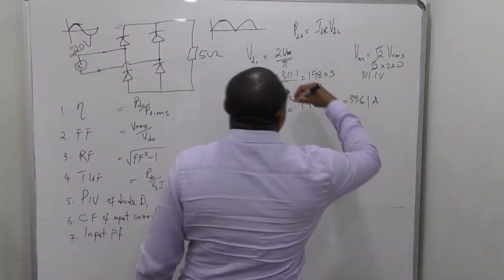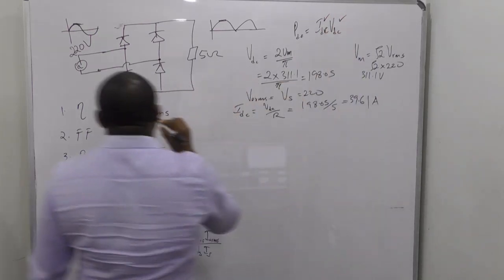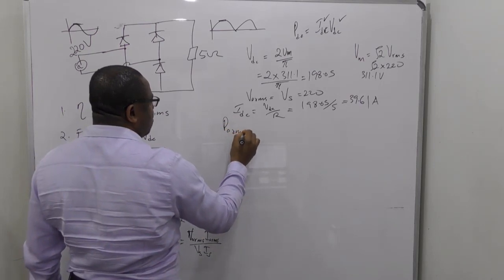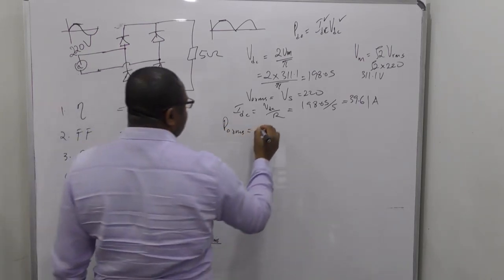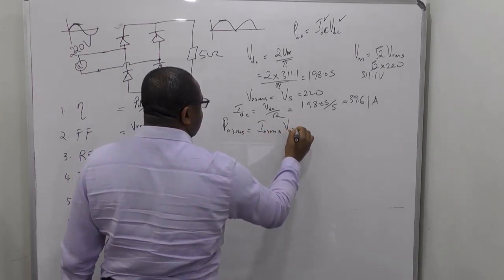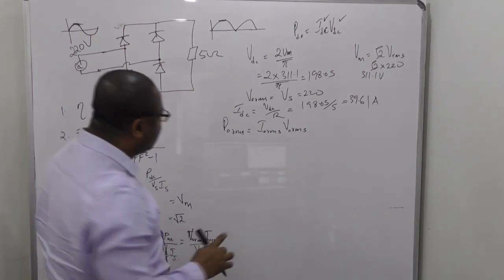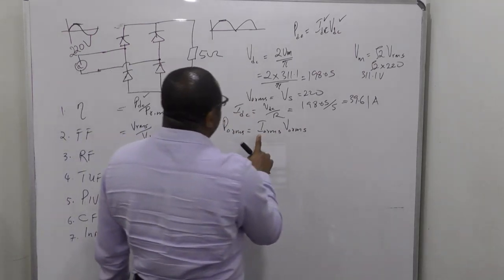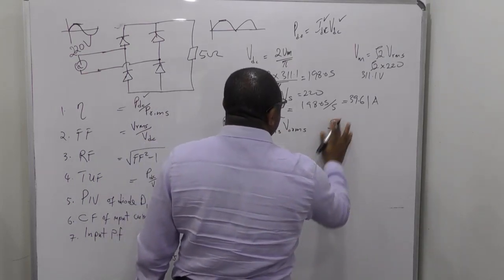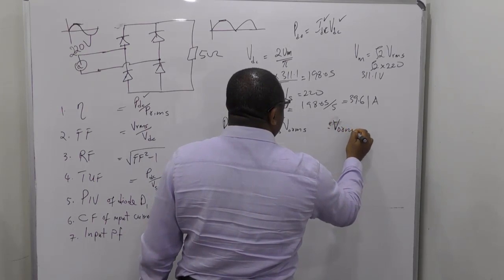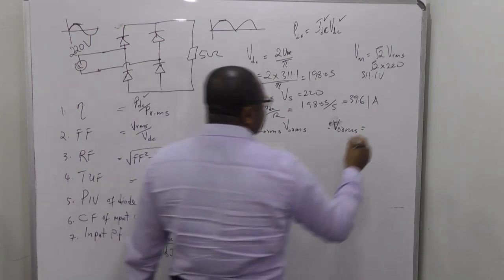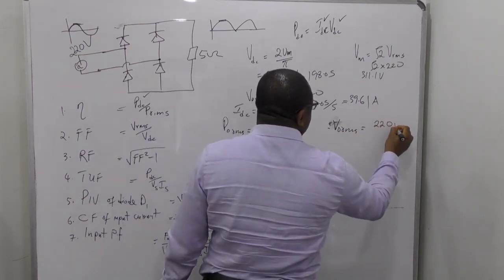All right. So it means we have this, and that means we have PORMS, which is the same thing as IORMS times VORMS. You should know that VORMS is the same as 220 volts.